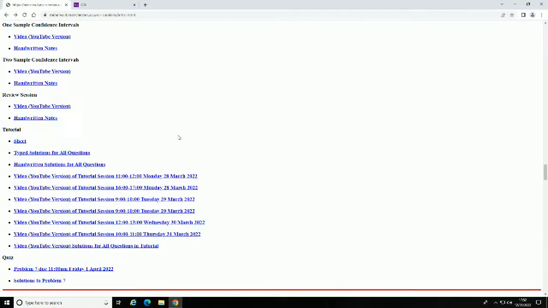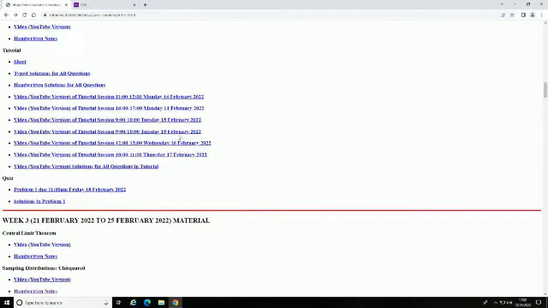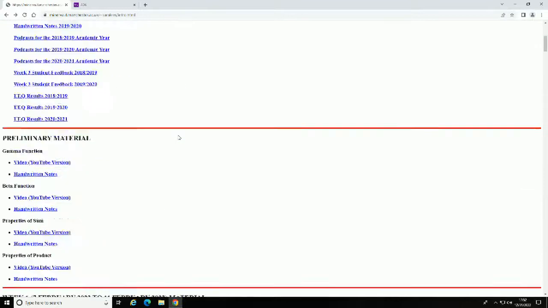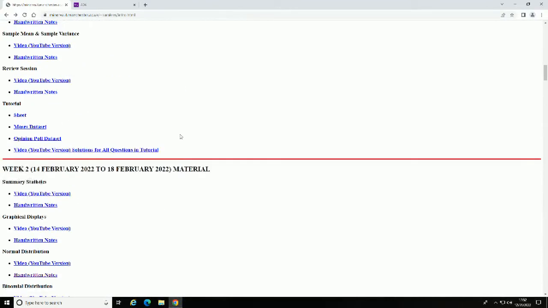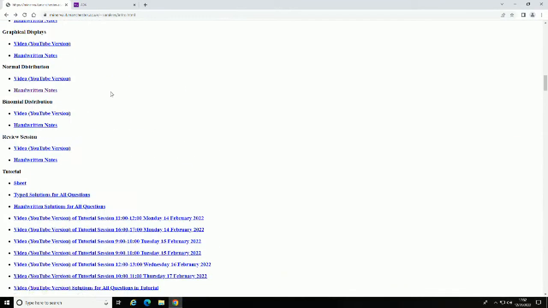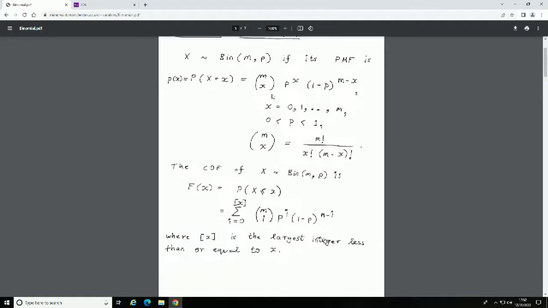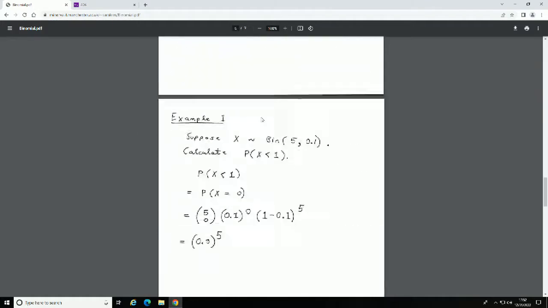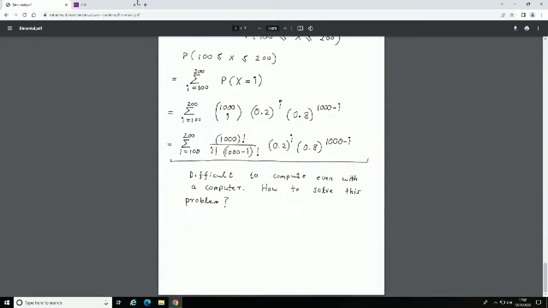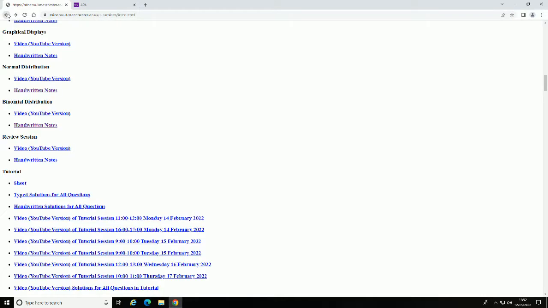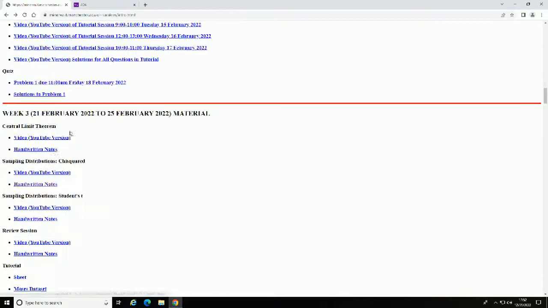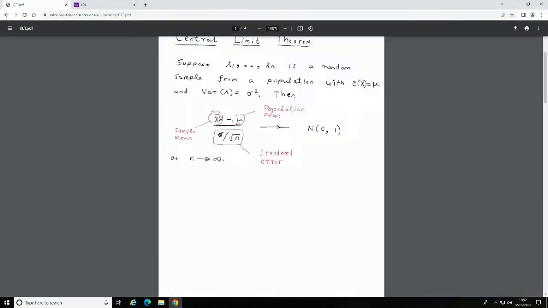You should go to the stuff that we did on binomial. This is the stuff on binomial we did ages ago. Not this one. I mean, the central limit theorem stuff.